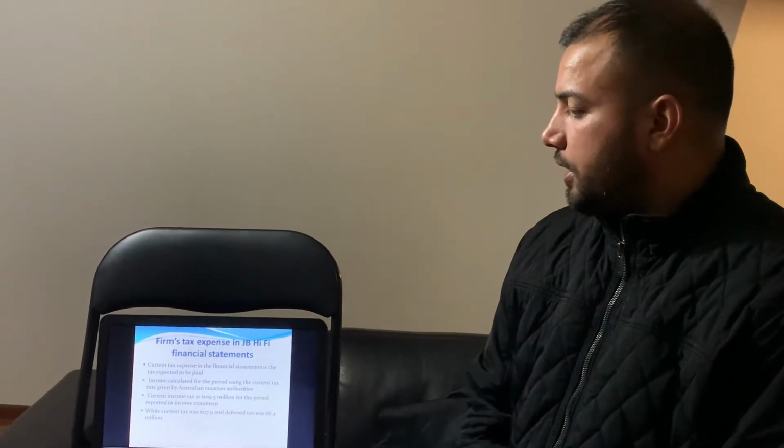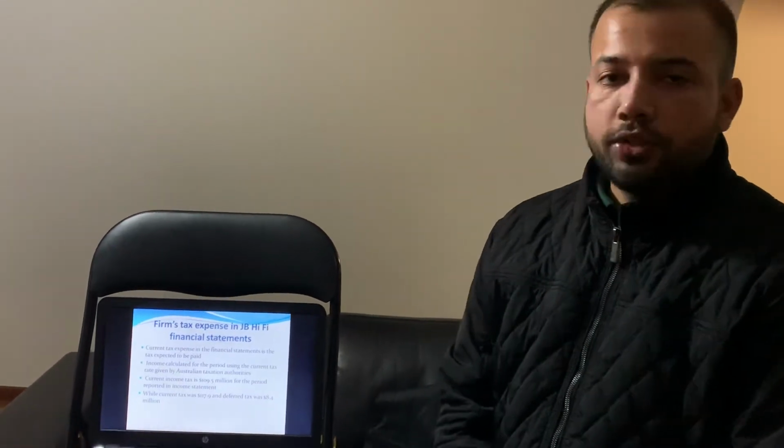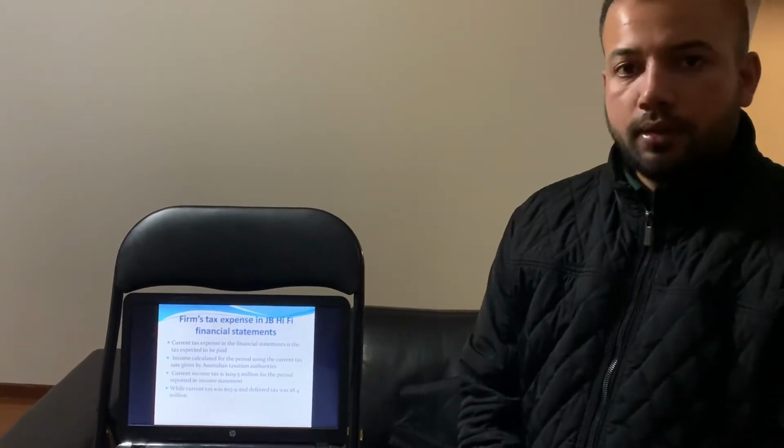In the next slides, we're going to discuss JB Hi-Fi's tax expenses in financial statements. As we discussed in our individual assignment as well, the current tax expense in the financial statement is the tax expected to be paid on income calculated for the period using the current tax rate given by the Australian taxation authorities.